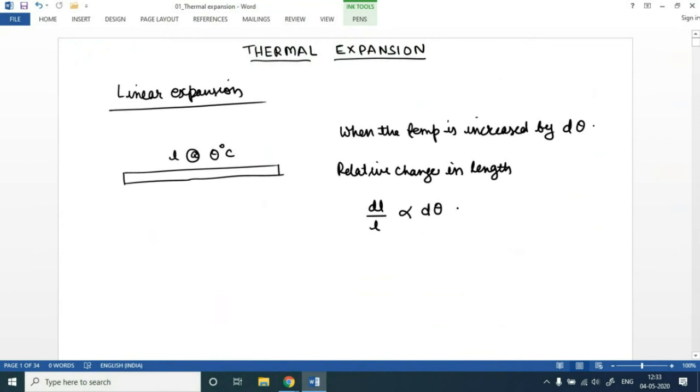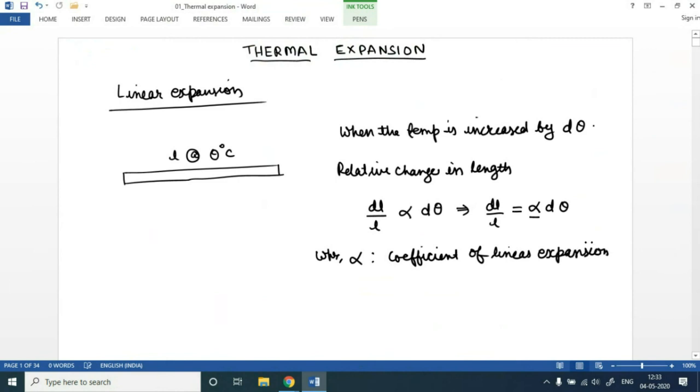So let's introduce a proportionality constant as well. dl by L would be equal to alpha into d theta, where alpha is the proportionality constant, and alpha is nothing but the coefficient of linear expansion.